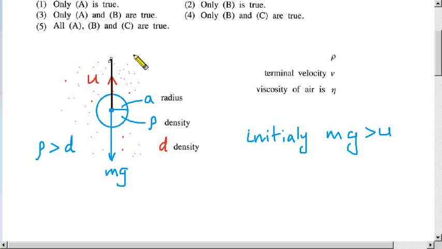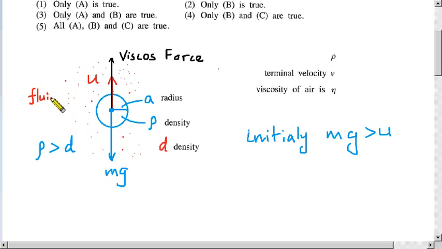So friction means what we call viscous force, that special friction given by the medium. So sometimes we call this medium the fluid. The medium is identified as fluid.